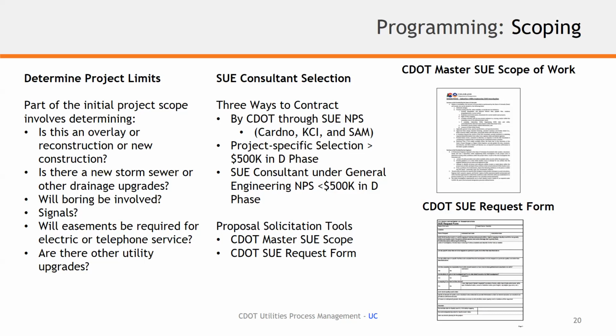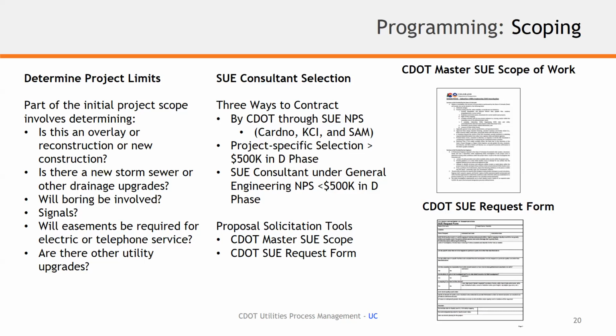Will easements be required for any electrical or telephone or new lighting? Is important to understand outside of project limits. So it may be that you need an easement to move over to an alley or outside what is perceived to be the project limits in order to tie in electrical service to a new signal or to a new facility. So those are considerations that need to be identified during this process so that they can move quicker and not hold up the project later on by coming in late with some of these things.